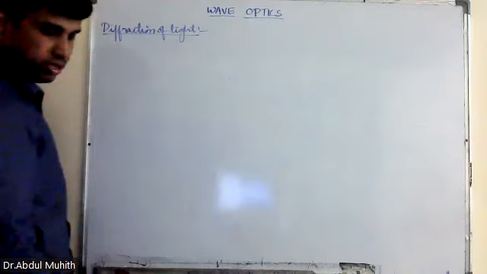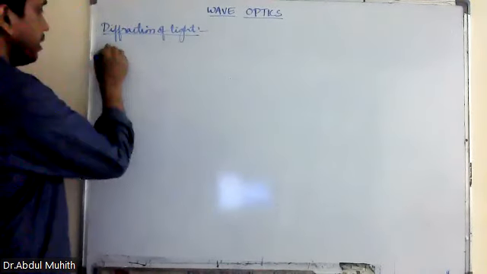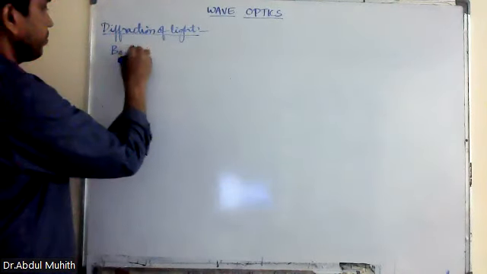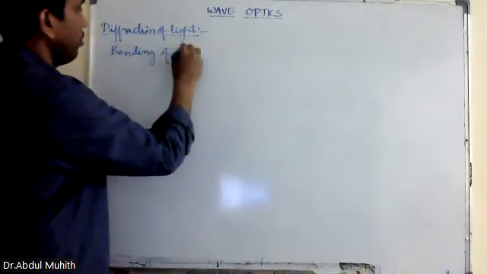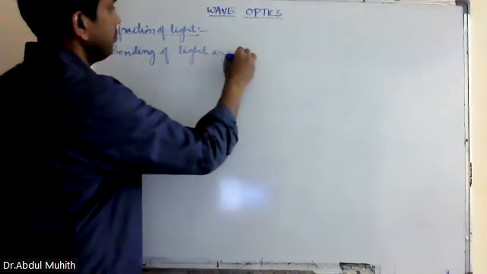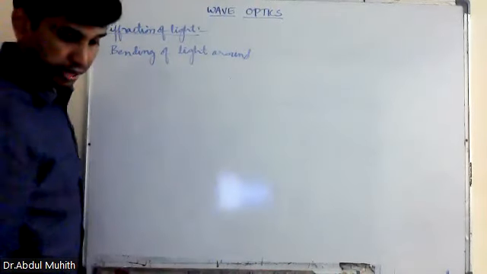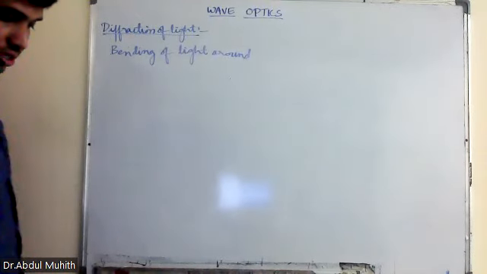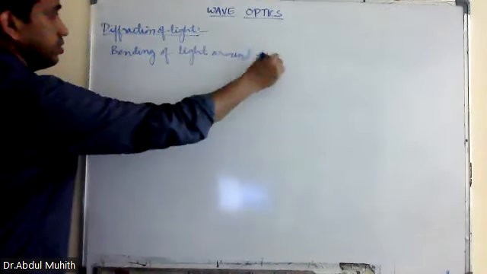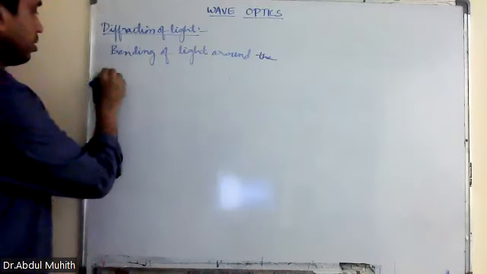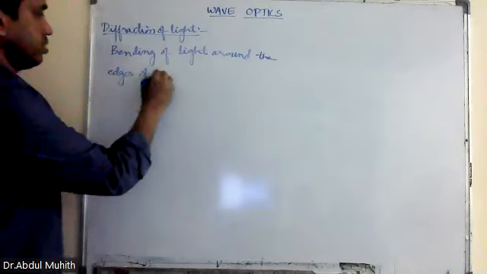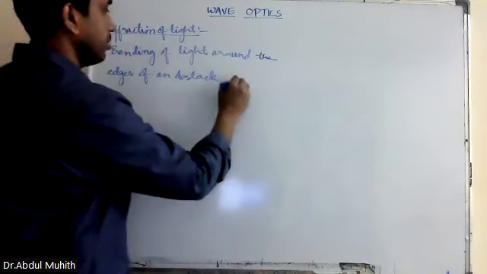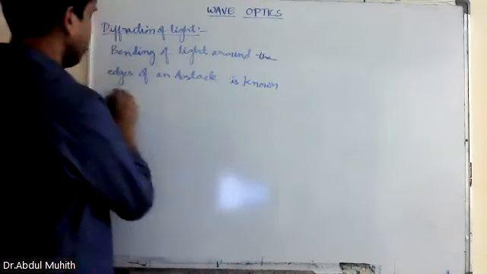The bending of light around the edges of an obstacle is known as diffraction.